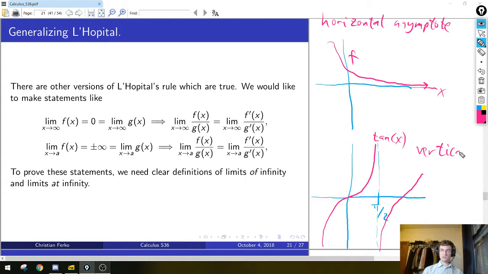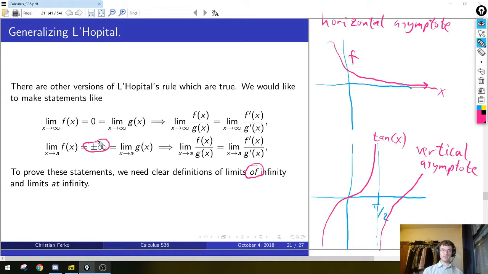It's all very nice to draw pictures, but if we want to prove things about these, we really need to convert the pictures into the serious machinery of epsilon deltas. So we should define what we mean by these two things, which I've switched the order of, actually. The thing on the bottom, where the limit quote-unquote equals infinity, which is a vertical asymptote, for short I will call a limit of infinity.